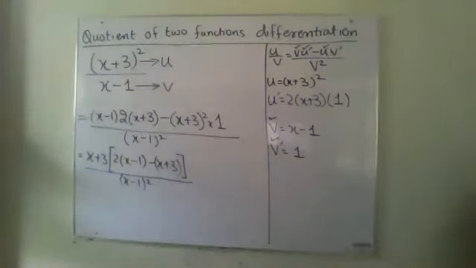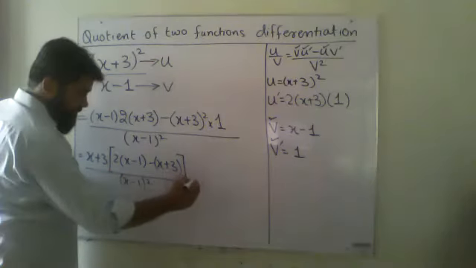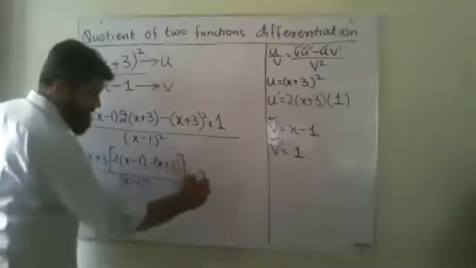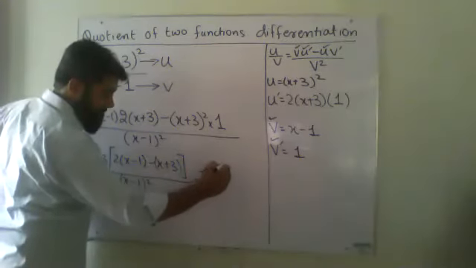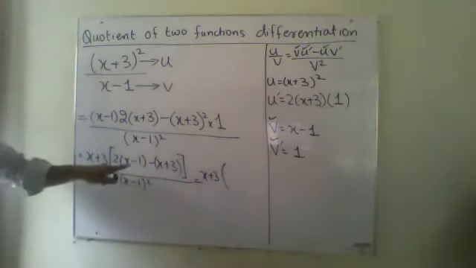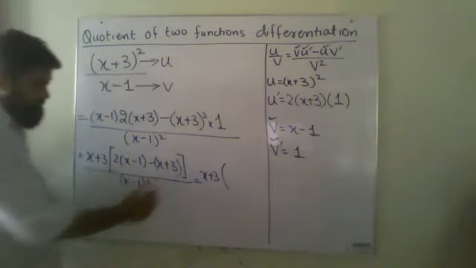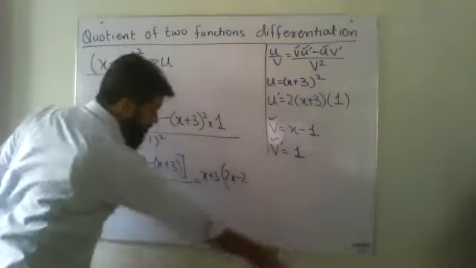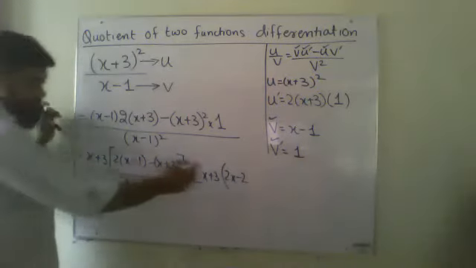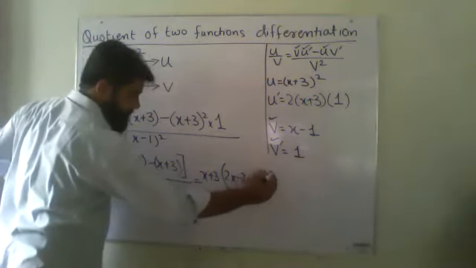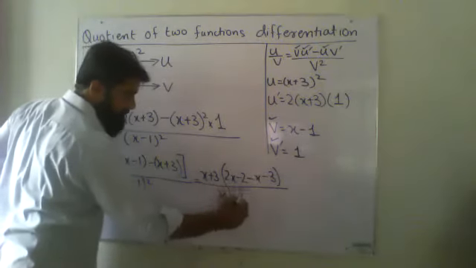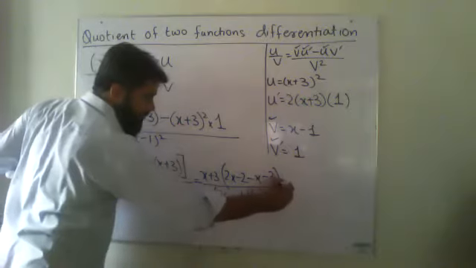Further simplification can be done. x plus 3 times (2x minus 2 minus x minus 3) over (x minus 1) whole square.